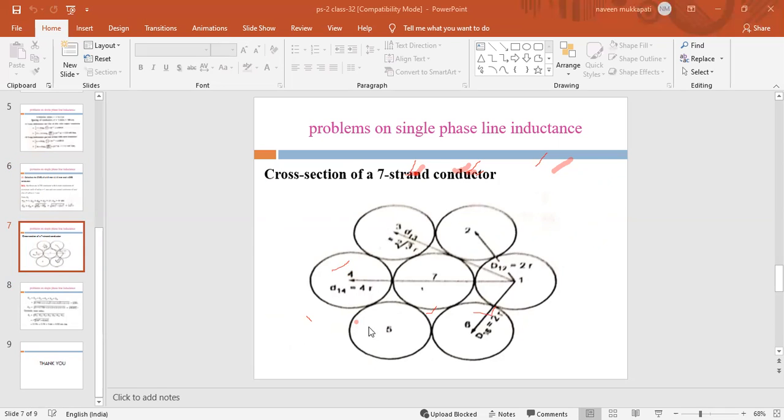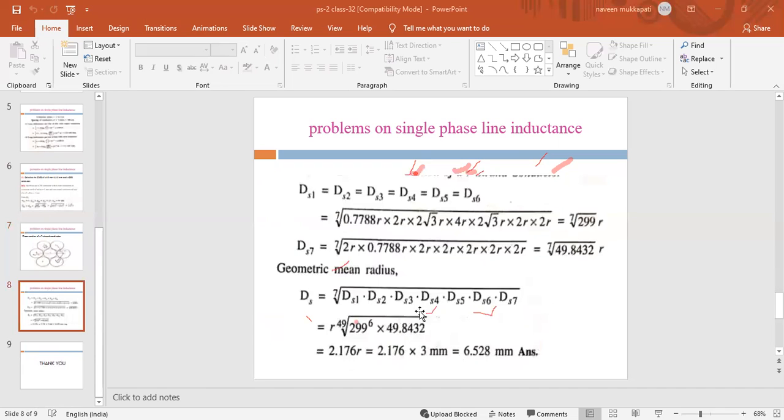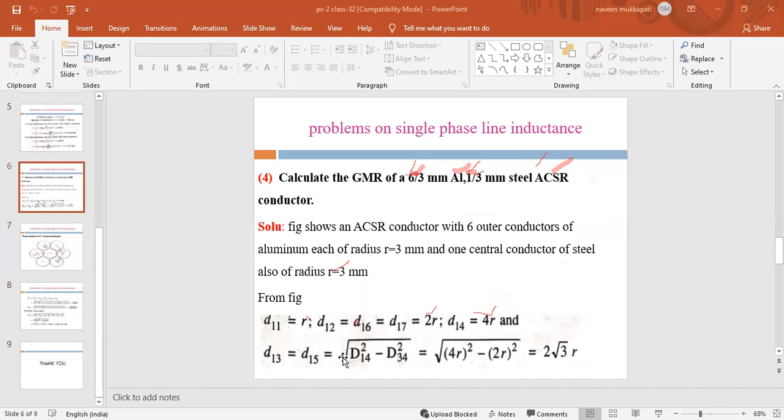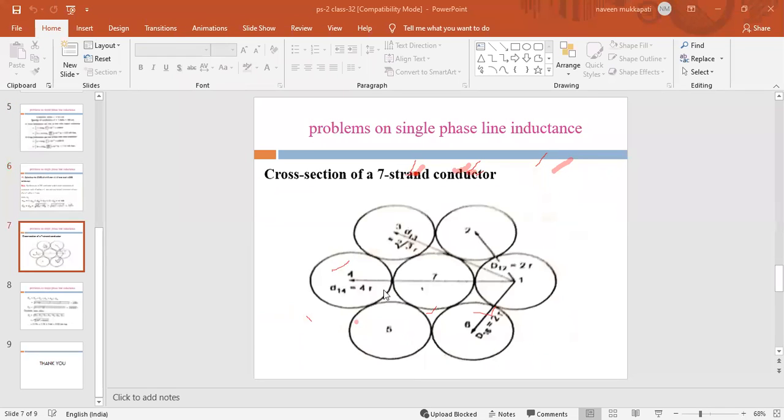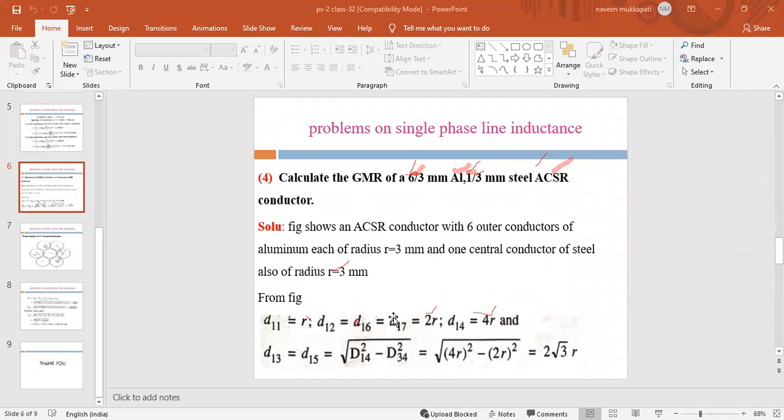D13 కి D15 కి కానీ మనం ఇలా రాసుకుంటాము. ఈ ఫార్ములాని యూజ్ చేసుకొని square root of d14 square minus d34 square రాసుకుంటున్నాము. ఎందుకు రాసుకున్నాము అంటే D13 D15 ట్రయాంగిల్ షేప్ లో ఉంటాయి కాబట్టి.